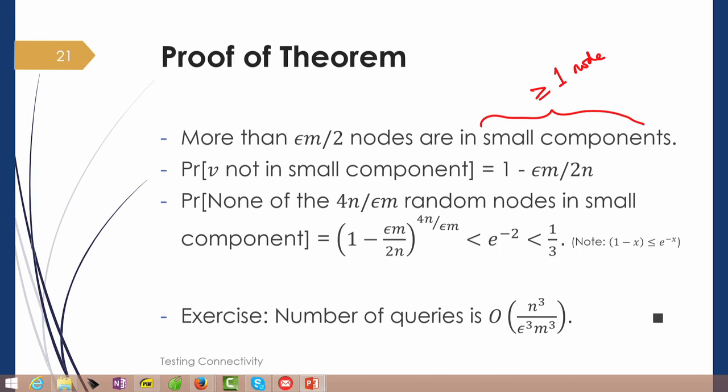So, what is the probability of a randomly chosen vertex V not being in a small component? Well, it must be at most 1 minus epsilon m by 2n.